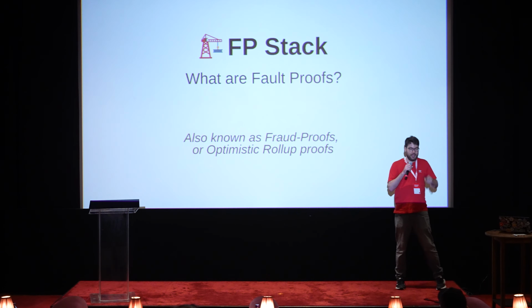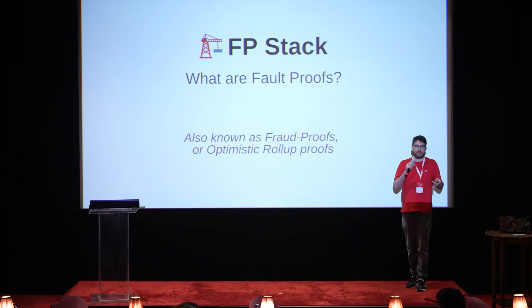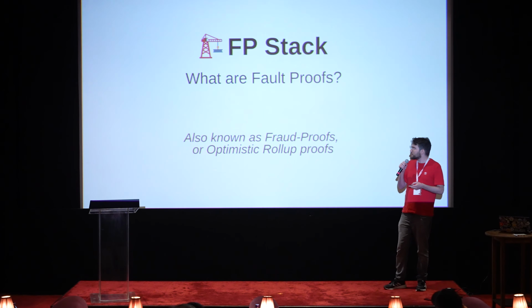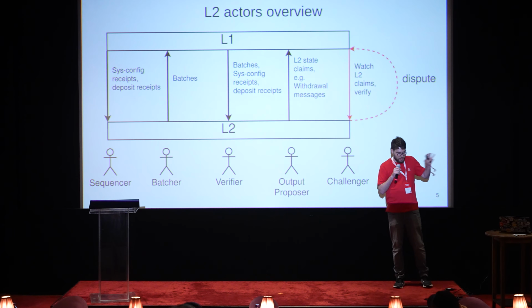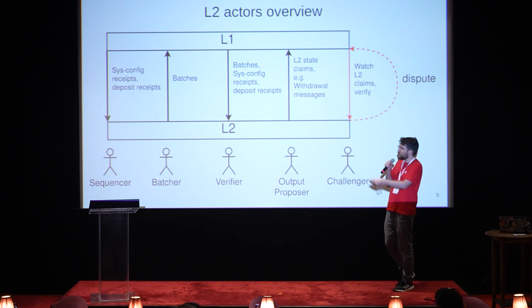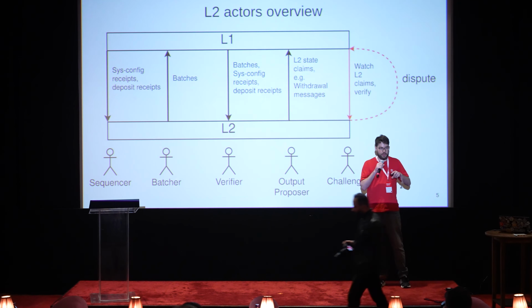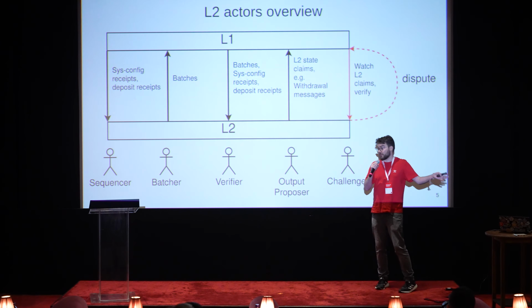So what's the fault-proof stack? What are these fault proofs? Well, they're also called rollup proofs or fault proofs. And you have to think about the context. We already have a rollup. There's somebody sequencing. Then there's somebody able to submit the data so that others can replicate what is being sequenced.